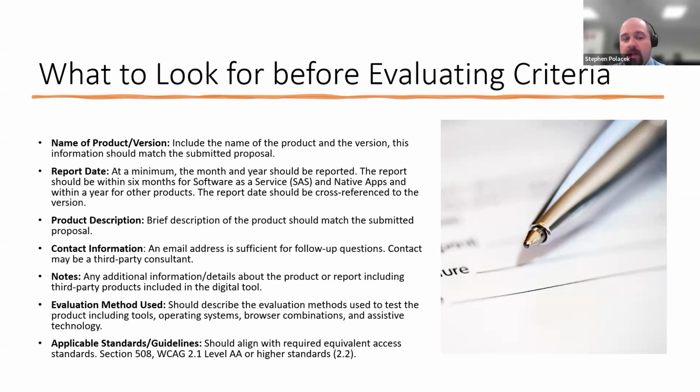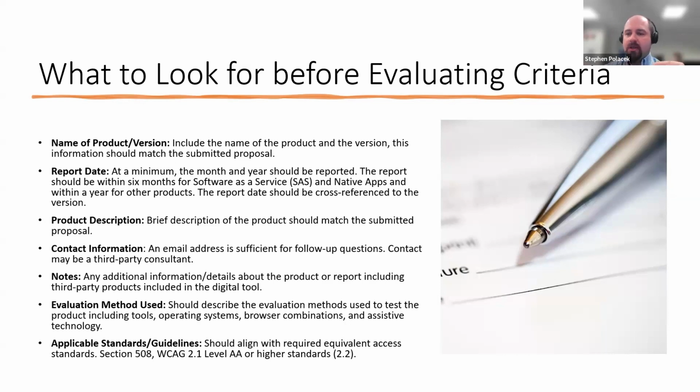Why did they submit it then? And it doesn't help if it's for an older version of the product. If you're buying version 2.8 and the VPAT is for 2.3, there have been enough updates that the VPAT might not be relevant anymore. That sometimes happens with annual reports that these companies fill out for the VPAT.